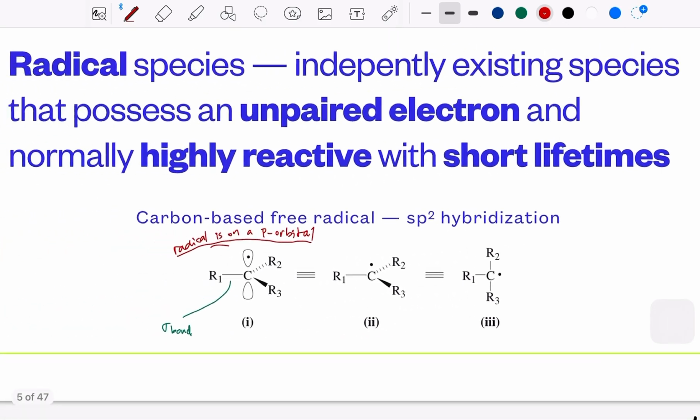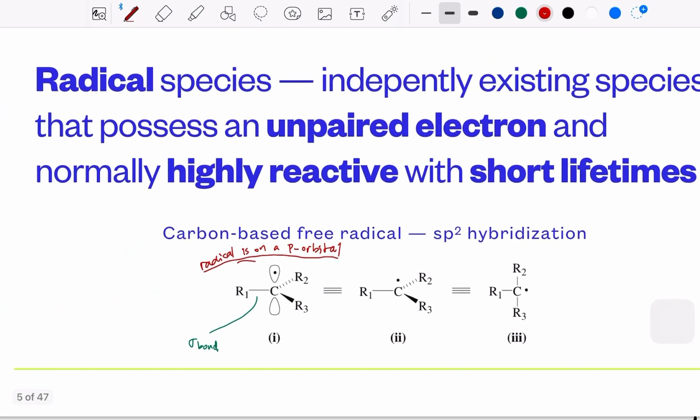Check. Okay. This is sigma bond, and this is the pi bond, right?